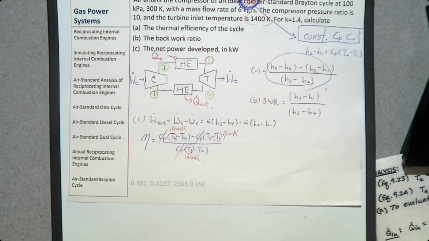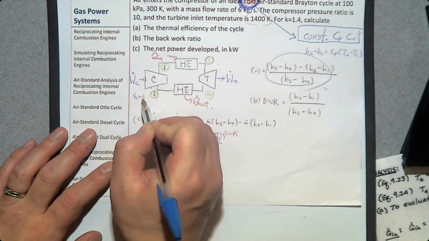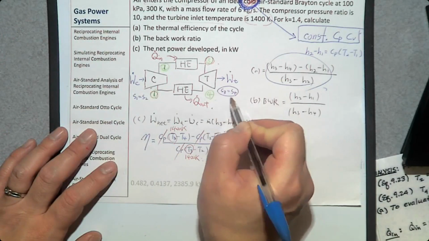Our assumption is that this compressor is an isentropic compressor and this turbine is an isentropic turbine, so entropy remains constant. S1 is the same as S2, and S3 is the same as S4.